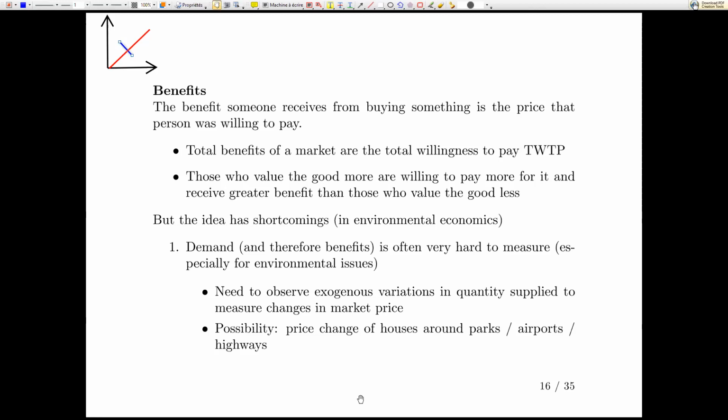Well, I'll give you an example, like it says a price change of houses around parks, airports, and highways. So for example, people at the airport could be a businessman that has to fly more often than in general, right? So he's going to buy a house closer to the airport because he doesn't feel like driving 2 hours to the airport.